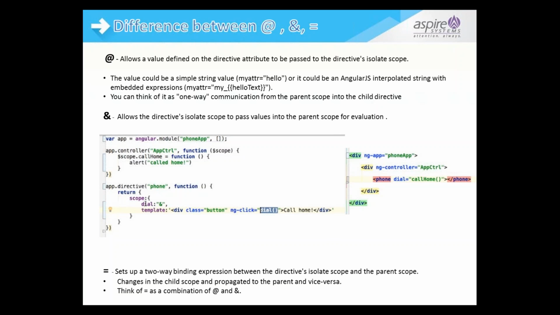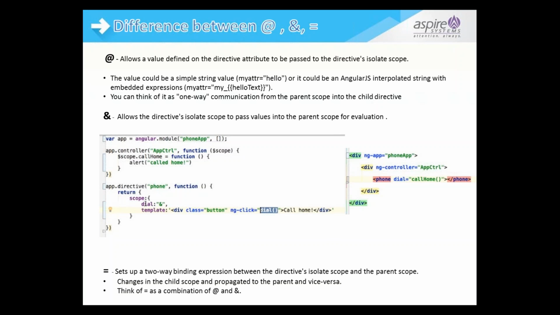So this is my parent. Inside that I have a function called call home. Simple function, call home. This is in where? Parent, not inside my directive. Then I write my directive called phone. And inside that I have a variable called dial equal to & or ampersand.